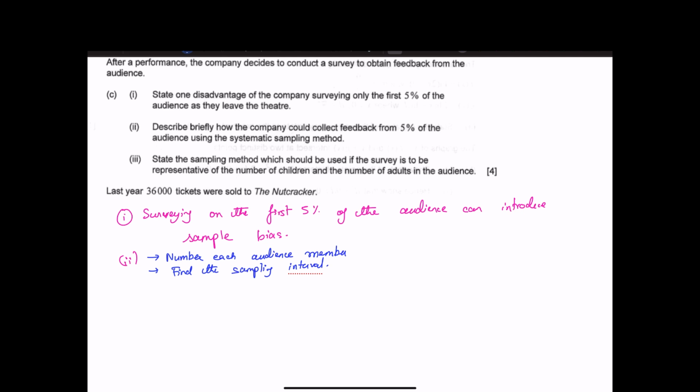Now I'll break the entire population into intervals of 20. Persons having the number 1 to 20 will be one interval, 21 to 40 will be another interval, 41 to 60 will be another interval, and so on.